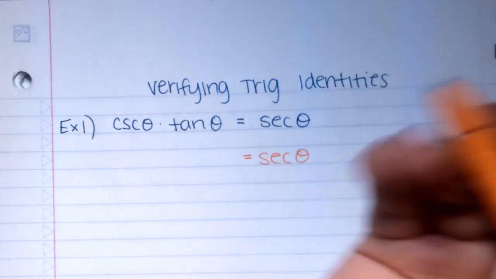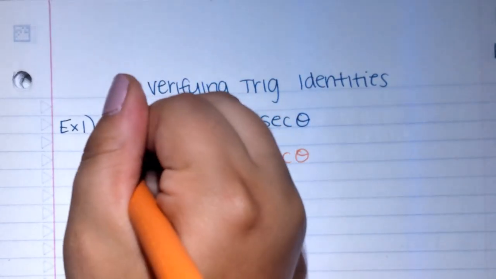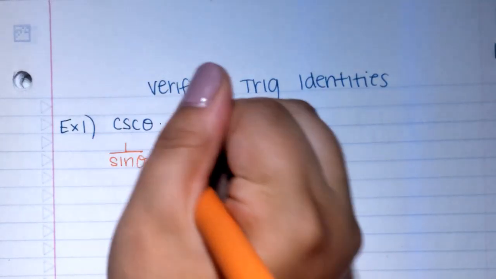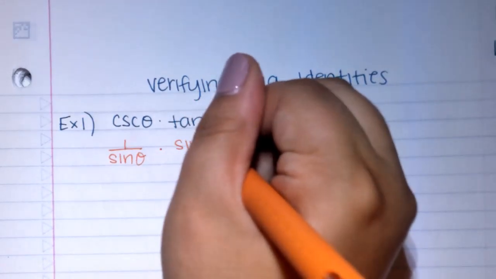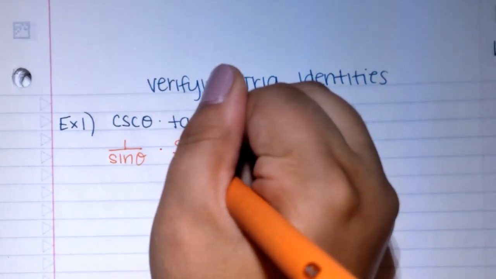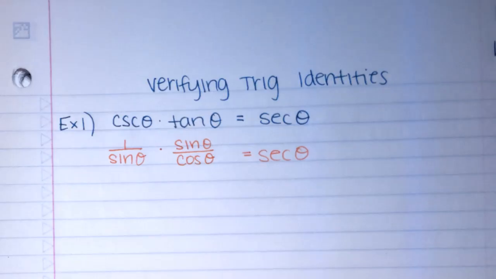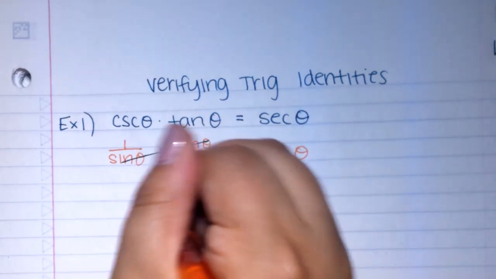Change them both. Cosecant is 1 over sine of theta. Tangent is sine theta over cosine theta. And then the sines cancel, and I'm left with 1 over cosine theta.